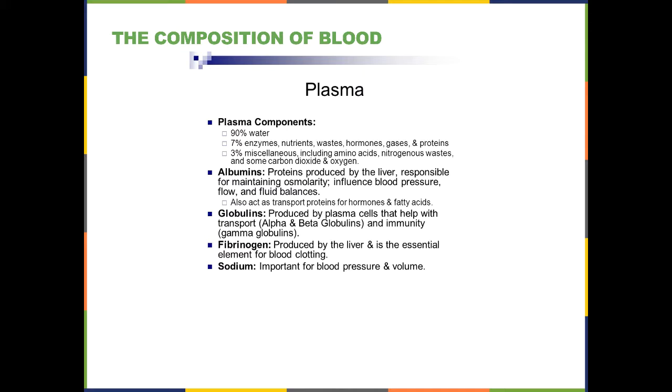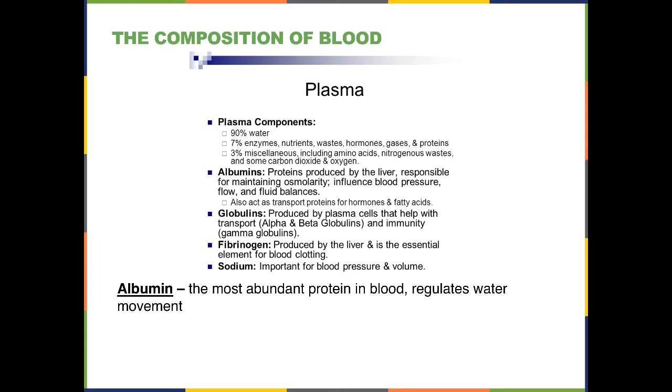Now, when we look at the composition of the plasma, as I've said, it's mostly water, but it's also made up of some proteins. The most common or abundant protein is albumin. And albumin is important as it acts as an osmotic particle.